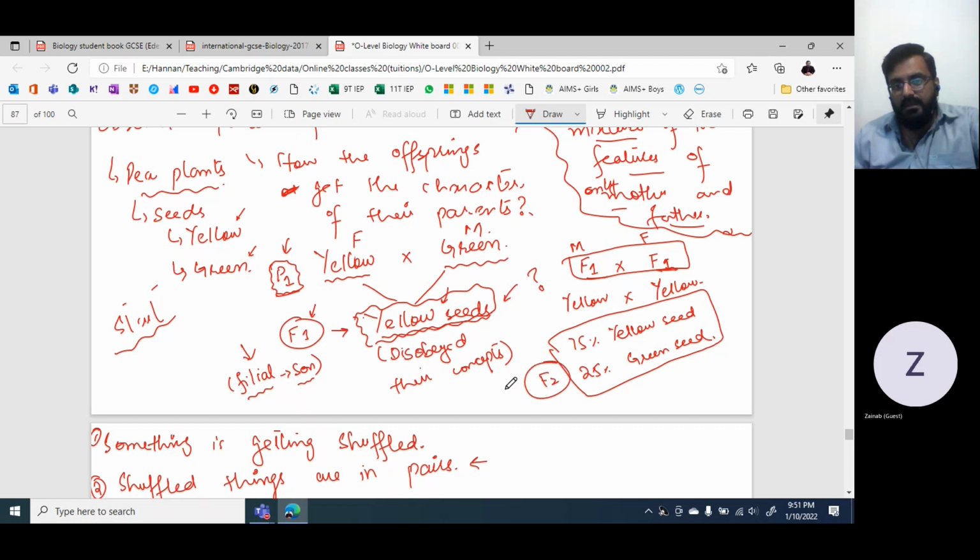For example, let me mention it here, F2 generation. This is F2 generation because this is the second generation after the first. So if it is not in pair, then why is yellow cross yellow producing green if these are not in pairs?